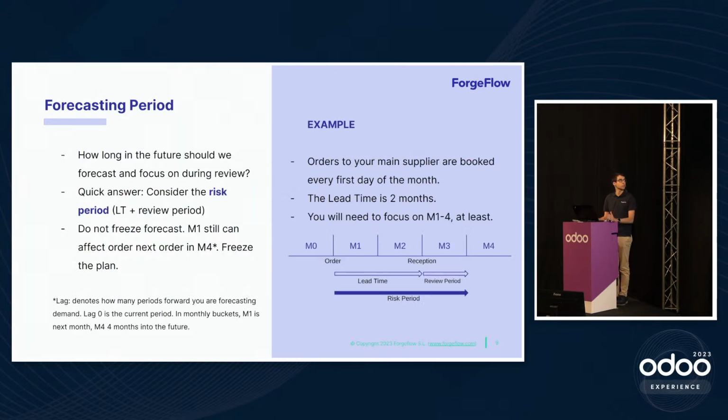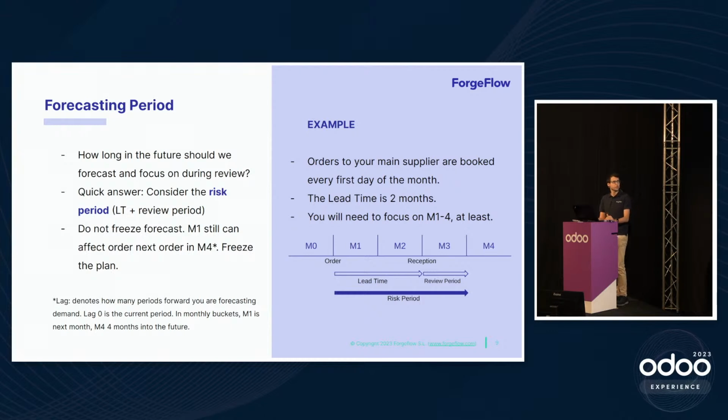Also, one important consideration is to define the appropriate forecasting period. How far out should I look when reviewing my forecast? I have here a quick, basic example. We have a main supplier to whom we order on the first day of each month, and we have agreed with him a 2-month lead time.